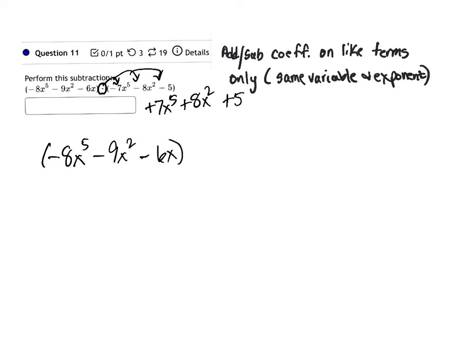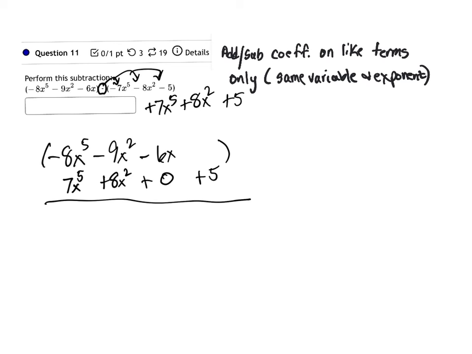And I'm going to just write it underneath. So 7x to the 5th goes right underneath the -8x to the 5th. Plus 8x squared goes right underneath here. And plus 5, that doesn't go right there because that's an x term. So I'm going to move this. And I'm going to put a 0 here, and I'm going to put plus 5 out here because I'm going to do it going this way.